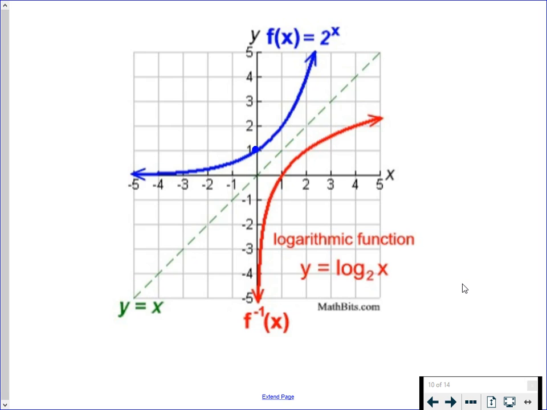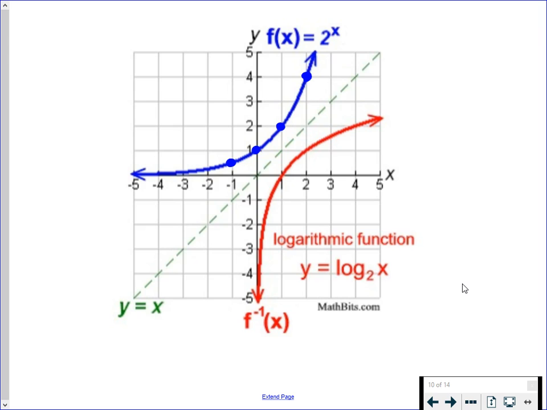And remember, 2 raised to the 0 power, we got 1. 2 to the first power, we got 2. 2 squared, we got 4. If we went backwards, we got 1/2, then 1/4, and so on. So if logarithms are the inverse of exponential functions, then I can simply switch my x and y's, or I can reflect it over that y equals x line.